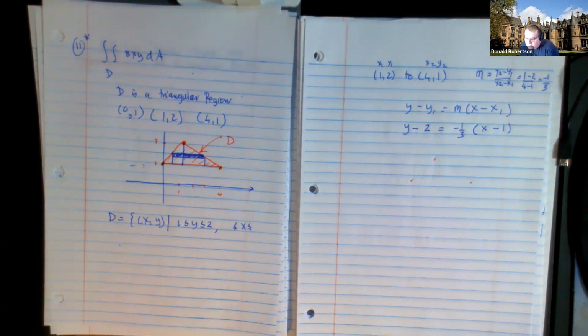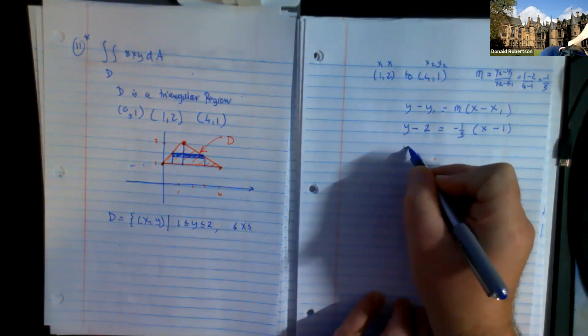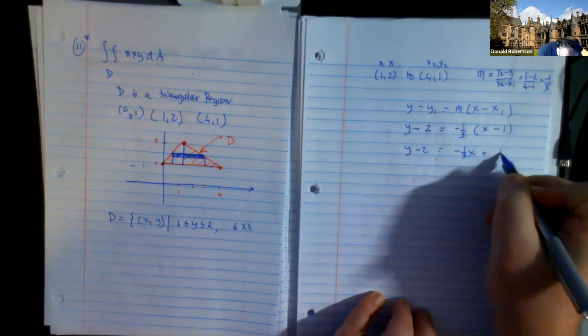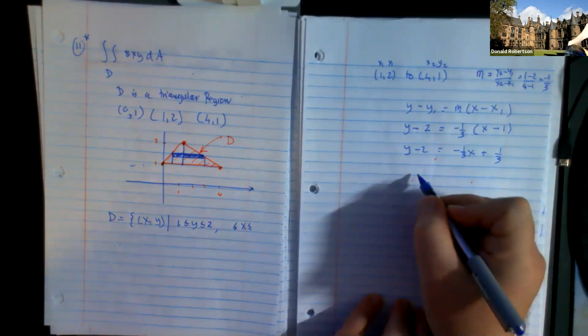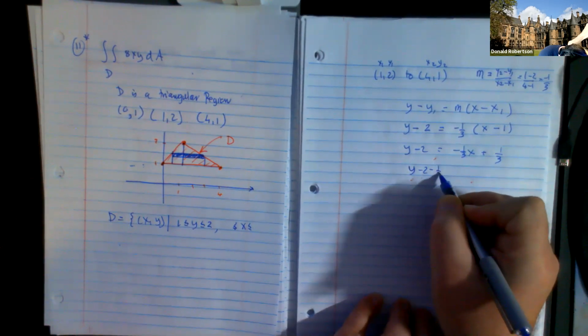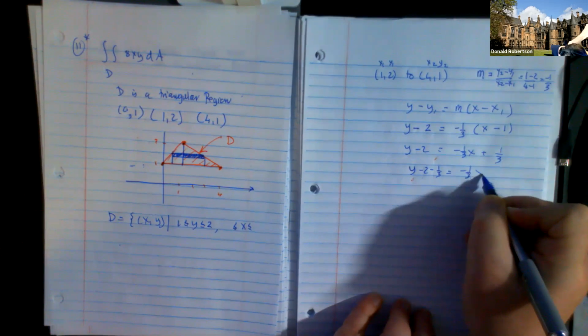Are we good so far? Now, the next few lines are really just to make things look pretty, style points. There are a couple of approaches to this. I'm just going to go the boring way. Distribute the 1/3. Subtract 1/3.